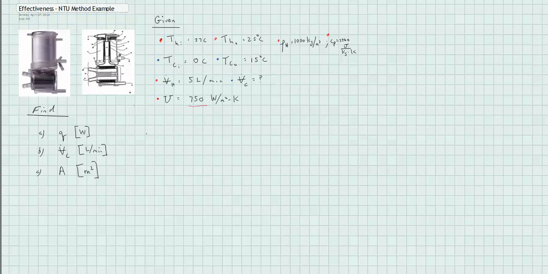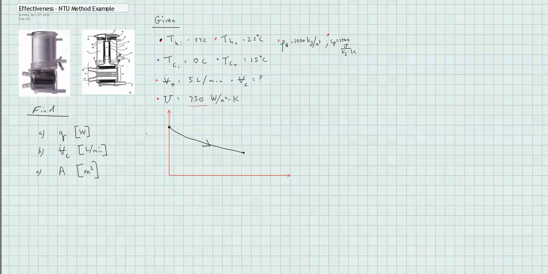The first idea I think that's important to do is to try to visualize what's going on. So let's do that. You have a bloodstream that is being cooled. That's an inlet and an outlet.